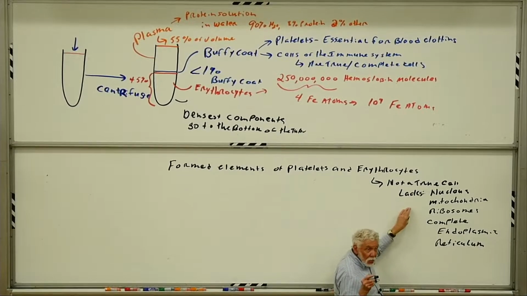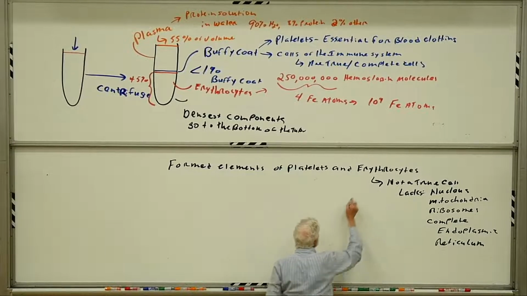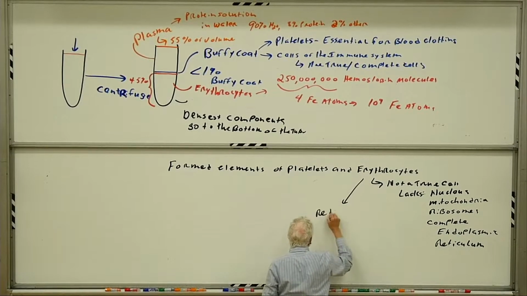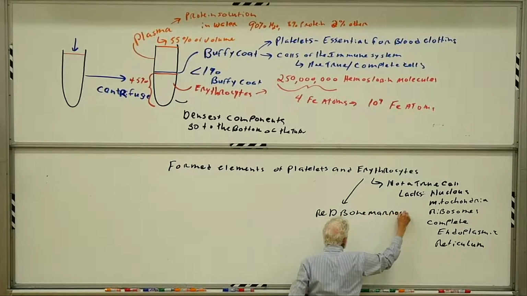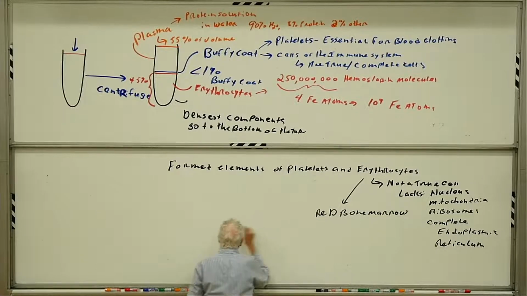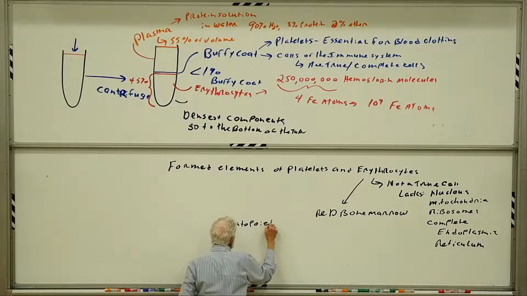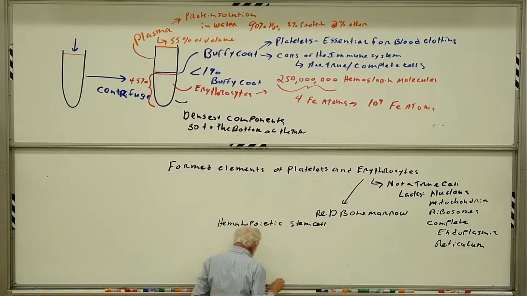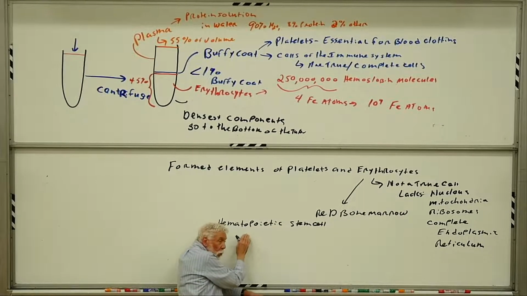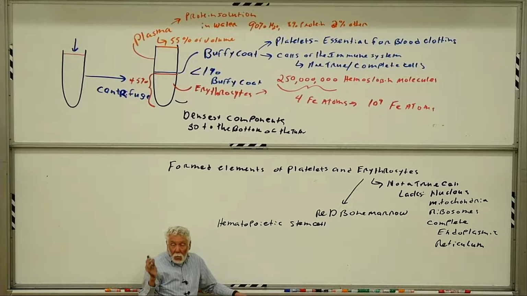And this is a function of the way these cells develop. They develop in the red bone marrow. So these guys all come from the red bone marrow. And they start out as something known as a hematopoietic stem cell. Now, these totipotent hematopoietic stem cells can develop, given the right growth factors, into any cells of the blood system.